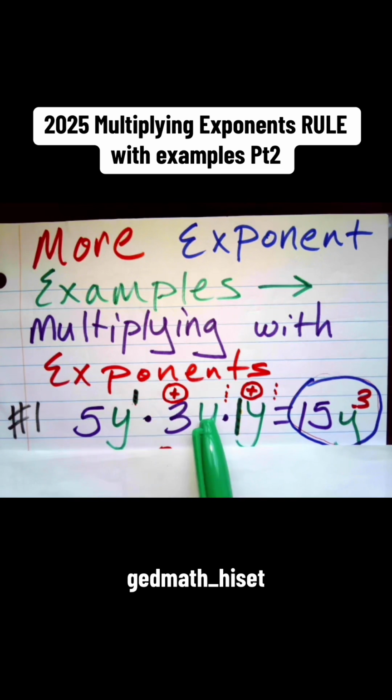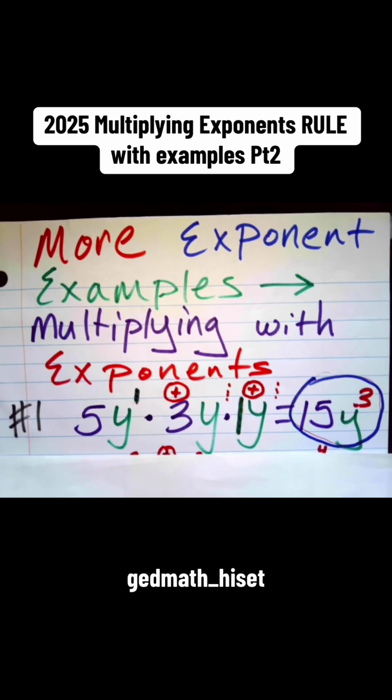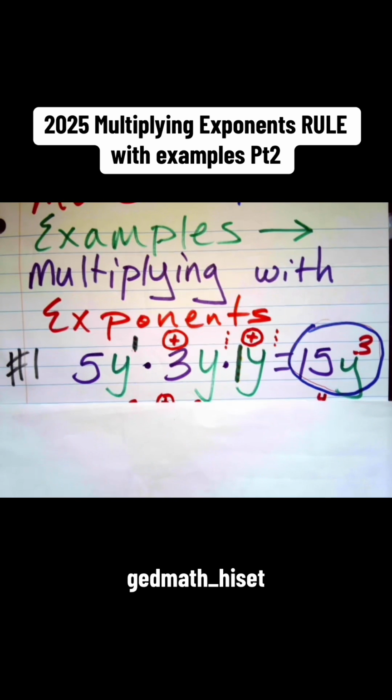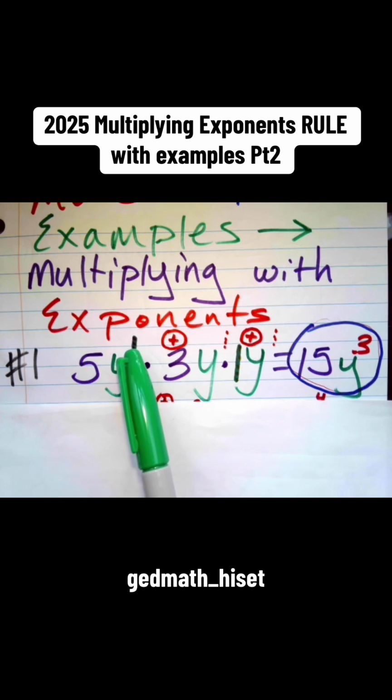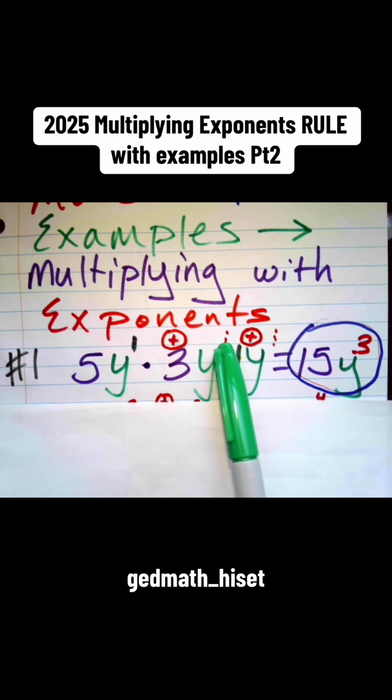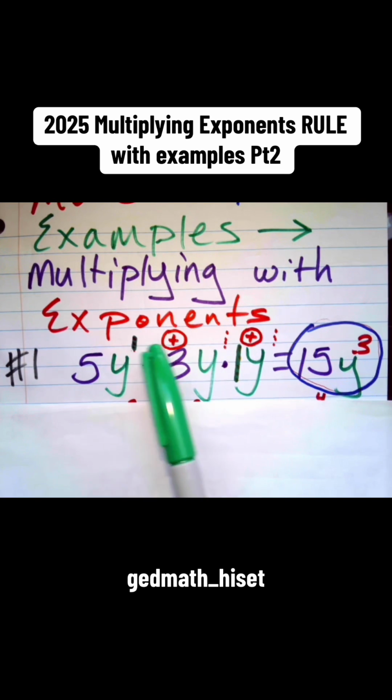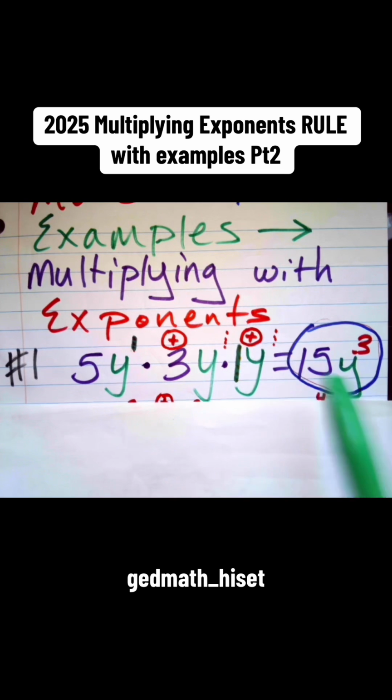Now each of these terms is attached to y through multiplication. This means multiplication: 5 times y, 3 times y, 1 times y. So I have to include y in my answer. And again, when you multiply, you add the exponents. These were all invisible ones. So show these invisible ones. 1 plus 1 plus 1 is y to the third power.